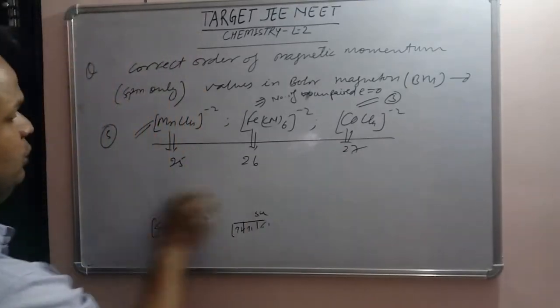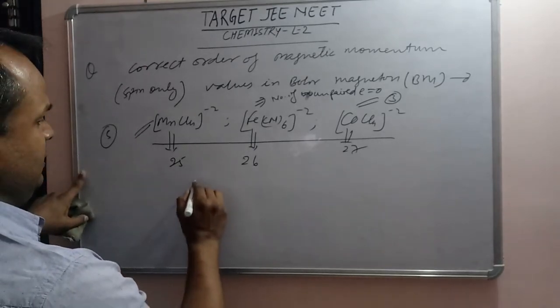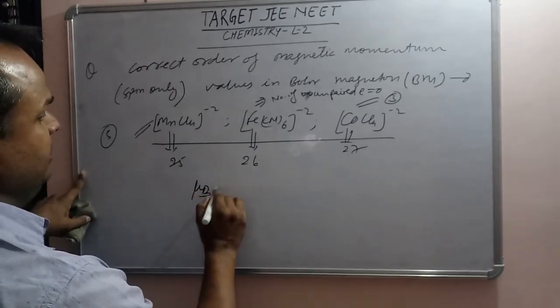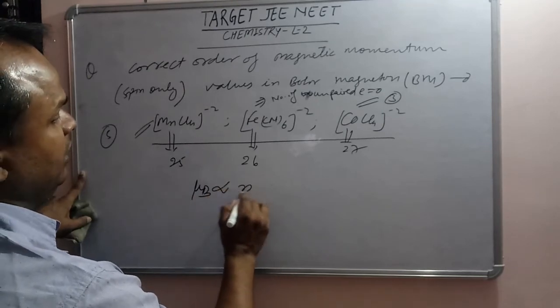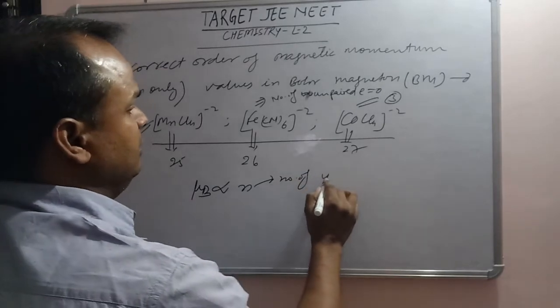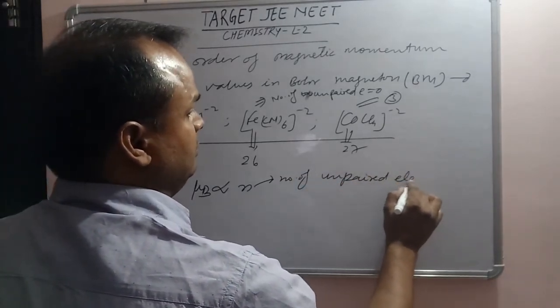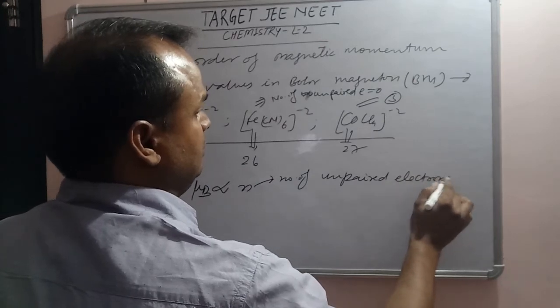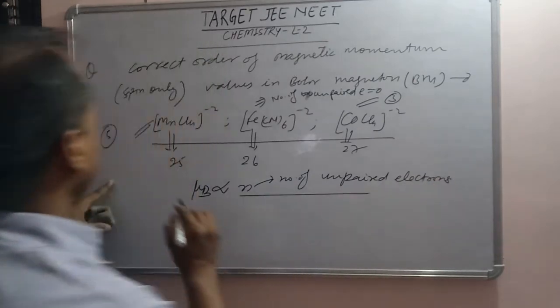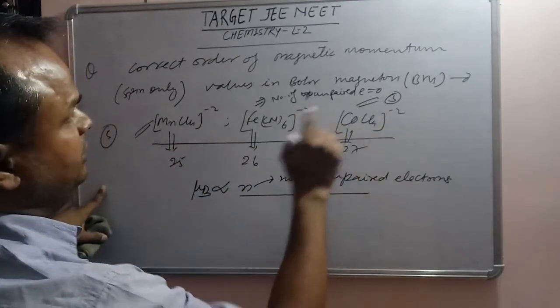Now come to the magnetic moment. As we know that magnetic moment is directly proportional to n, that is the number of unpaired electrons. So this has 5 electrons, this has 0, and this has 3 electrons.